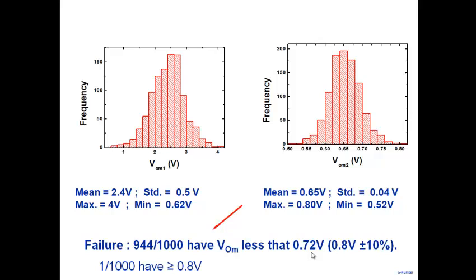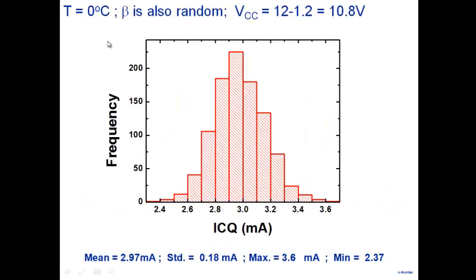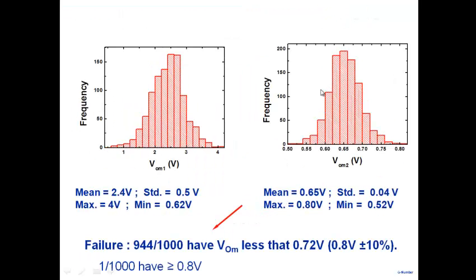It's a horrible design. 944 fail under that constraint. Where each one of those resistors has a tolerance, plus temperature is 0, so in winter it is going to fail your design. Winter, and when the power supply is not very stable, lower, 10.8, then almost all your amplifiers are failing. All right, so which means that the design that I have is not going to work.